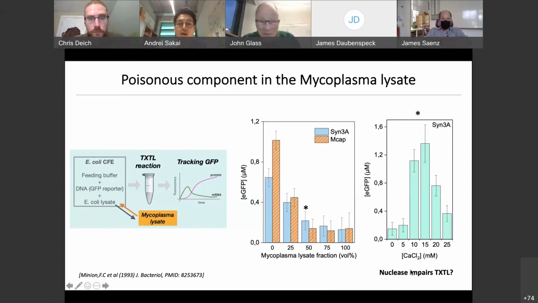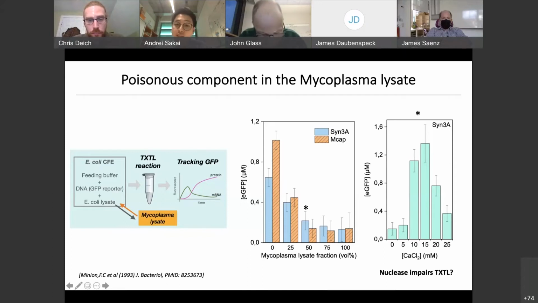And what we tested then is that we found that calcium chloride would be able to deplete a little bit of this nuclease activity in Mycoplasma capricolum. And this is the reference for that.